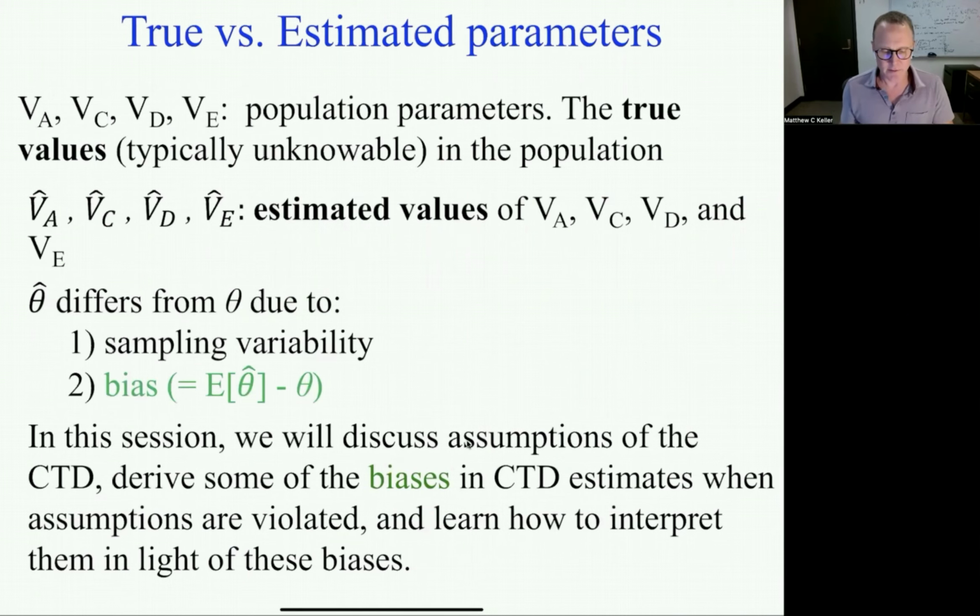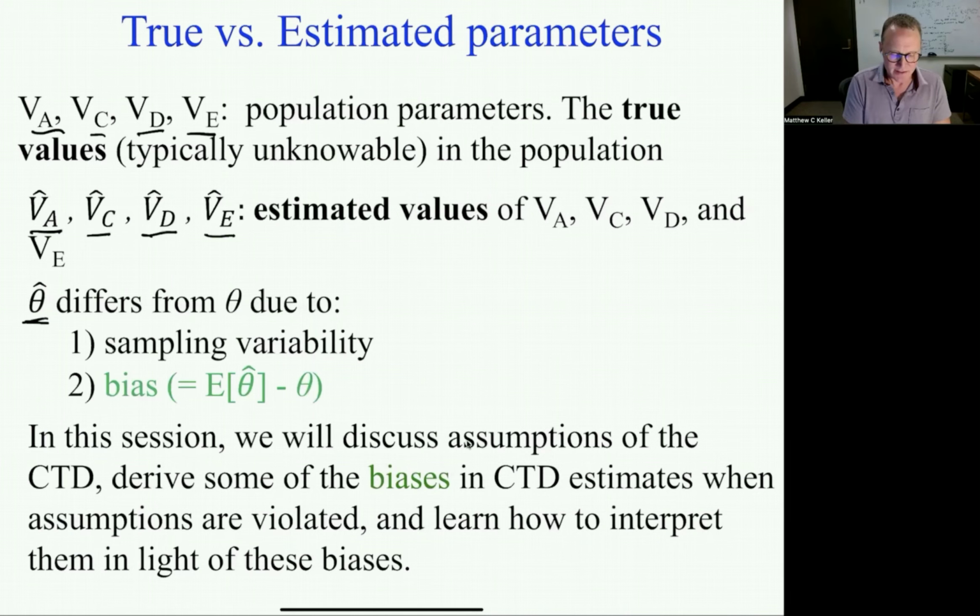We'll talk first about some conventions that we'll use throughout this talk. We'll denote VA, VC, VD, and VE as population parameters. These are the true values, typically unknowable, that exist in the population. On the other hand, when those same parameters have a hat over them, VA hat, VC hat, VD hat, VE hat, those are estimated values of the parameters.